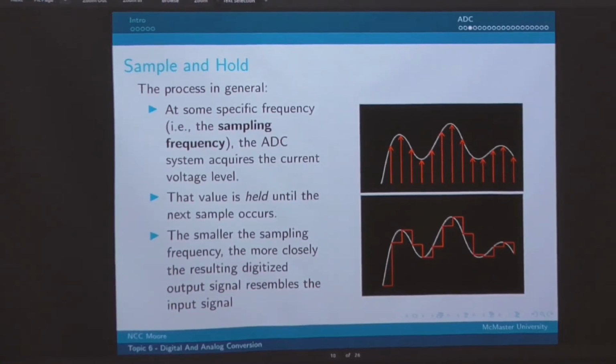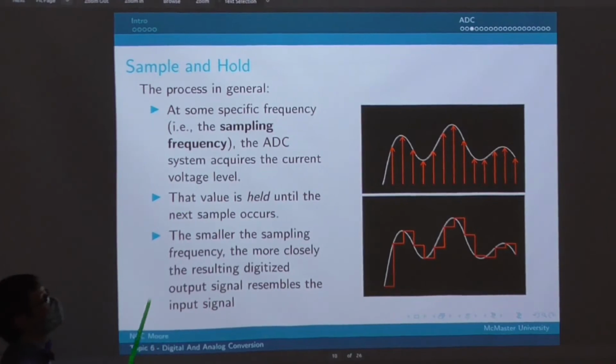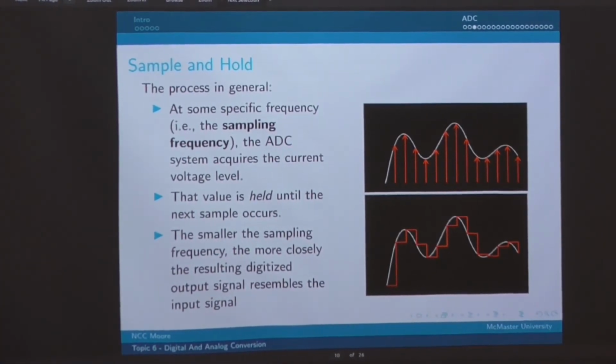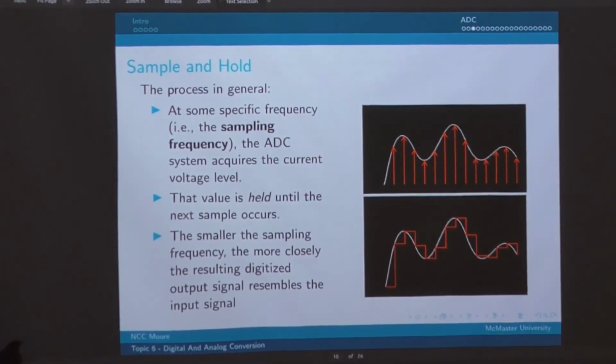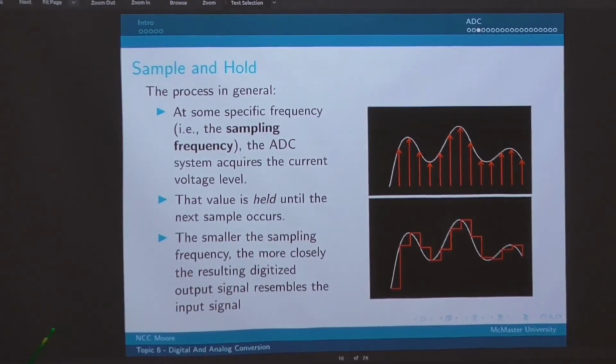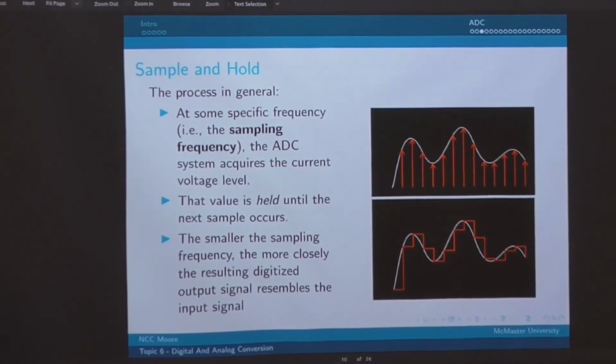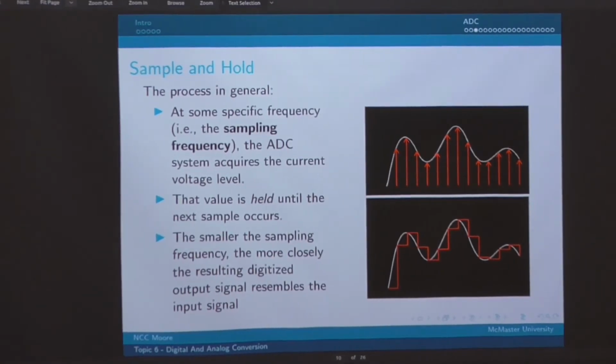In general, at some specific frequency, i.e. the sampling frequency, the analog to digital converter system acquires the current voltage level. The value is held until the next sample occurs. The higher the sampling frequency, the more closely the digital output signal resembles the input signal.